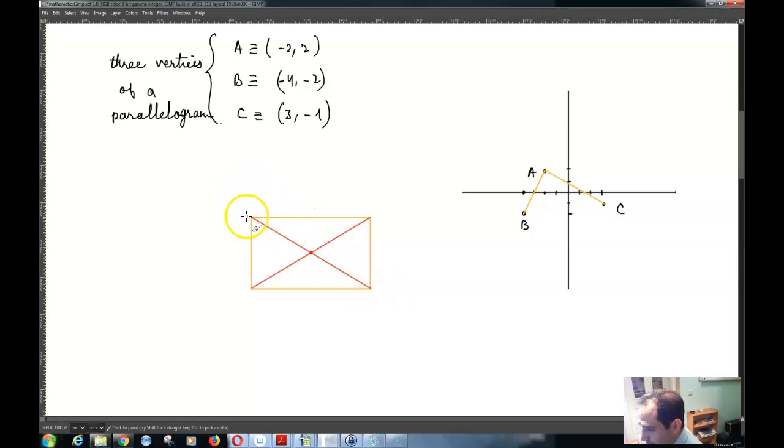If I call this ABCD, and if I assume that ABCD is a parallelogram, and I call this point O, then O is the point of intersection of the two diagonals of the parallelogram, and AO is equal to OC, and DO is equal to OB.